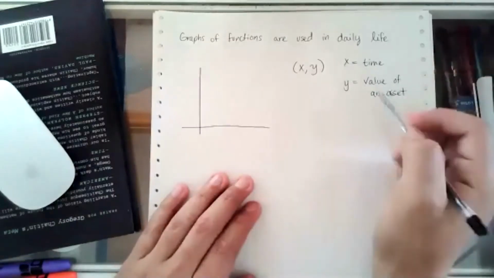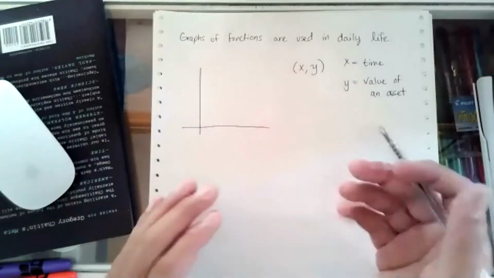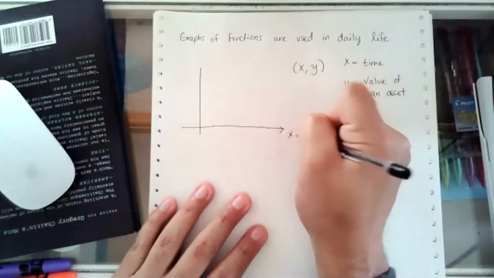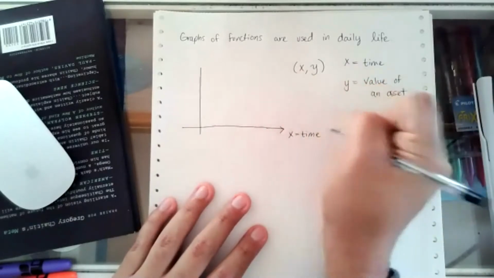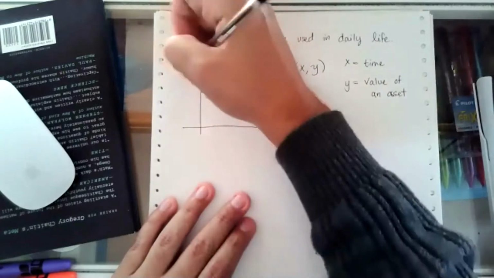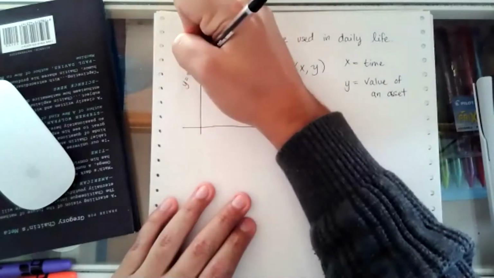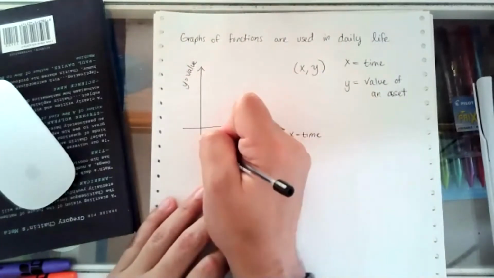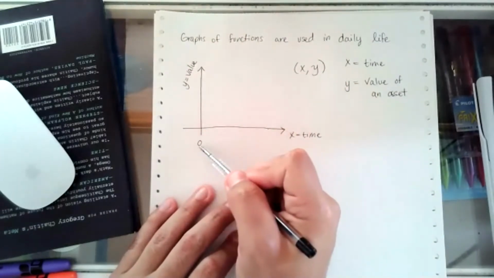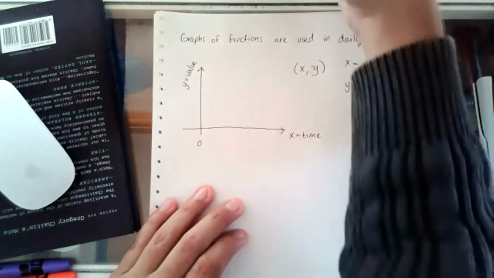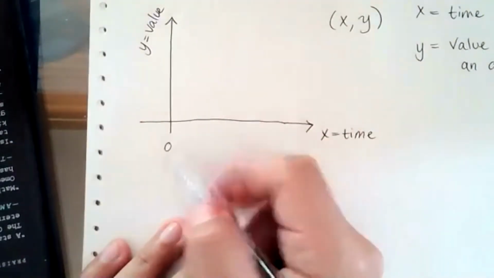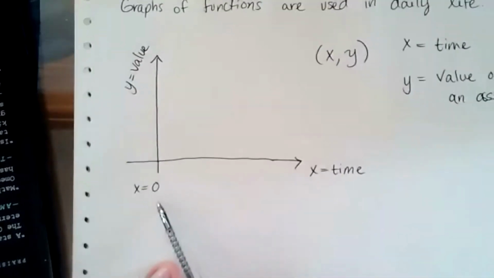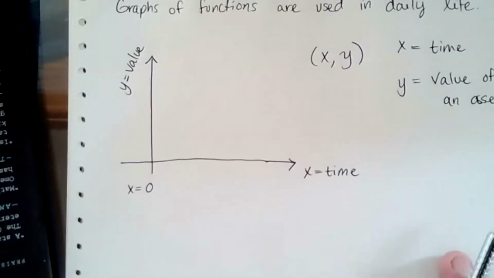And so you can think of the value plotted against time, and usually time is the x-axis, and the value is the y-axis. And maybe you have some start time here. Let's say the moment that you start or fund that portfolio starts at time 0. So x equals 0 is going to be the beginning of time for this particular investment.